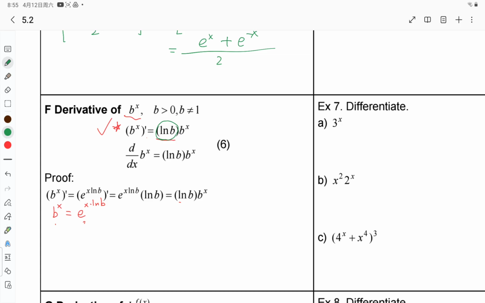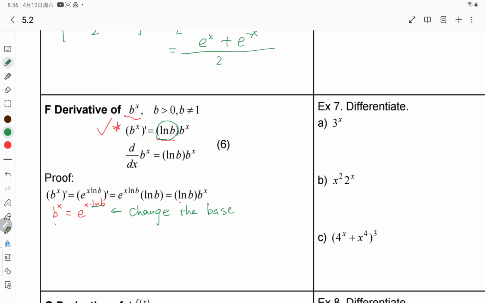Because it has a change of base here, the method is that we wrote b to the x as base e to the x times ln b. So we change the base, okay? This is a trick of the proof.